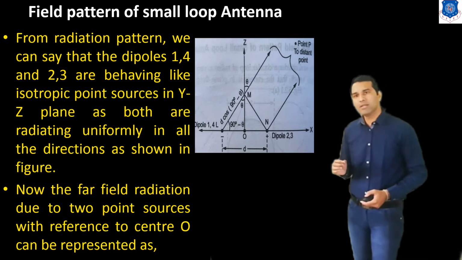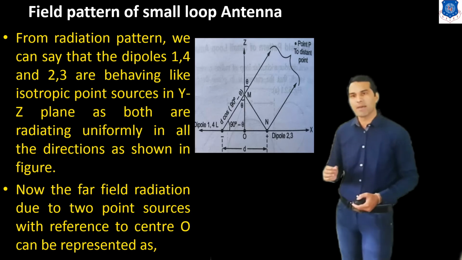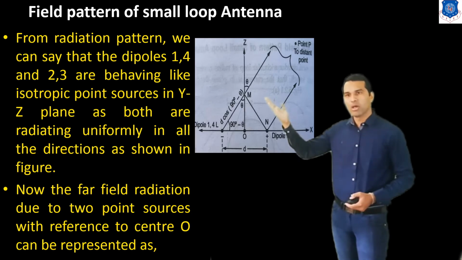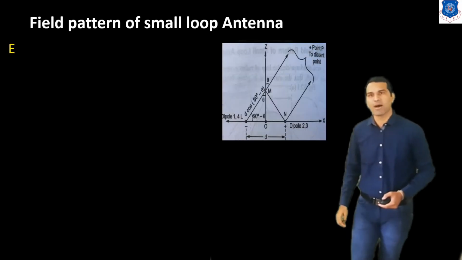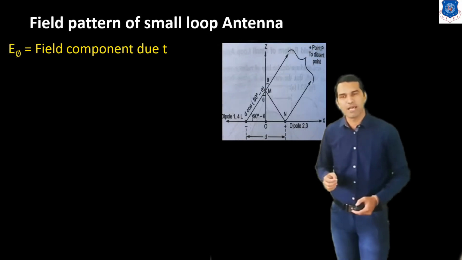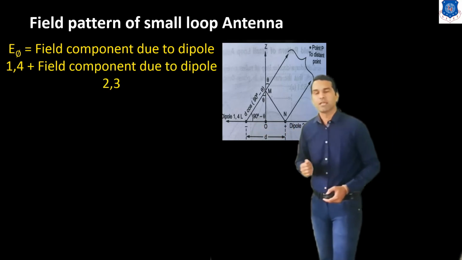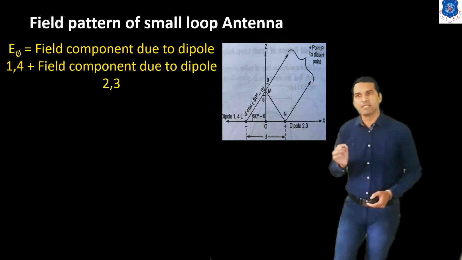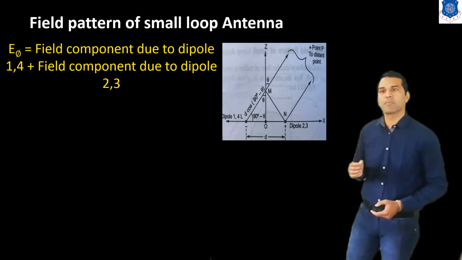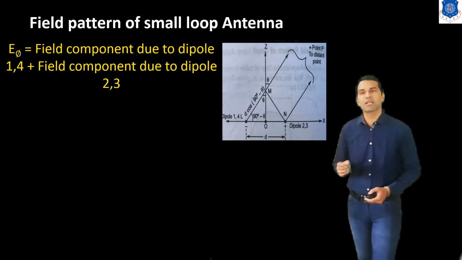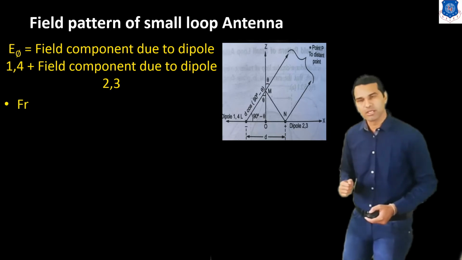Now, the far field radiation due to the 2 point sources with reference to the center O can be represented as E phi. The total far field is equal to the field component due to dipole 1, 4 plus the field component due to dipole 2, 3.